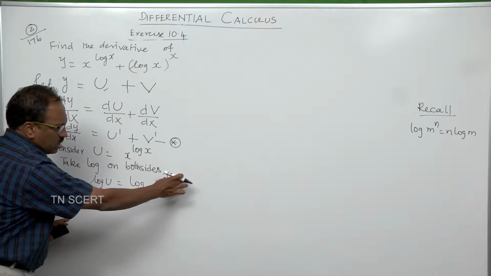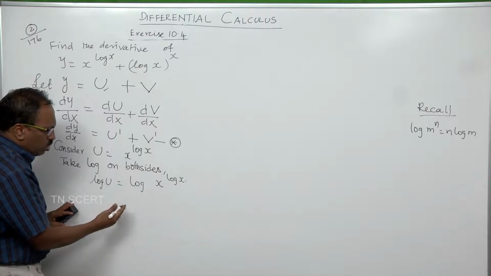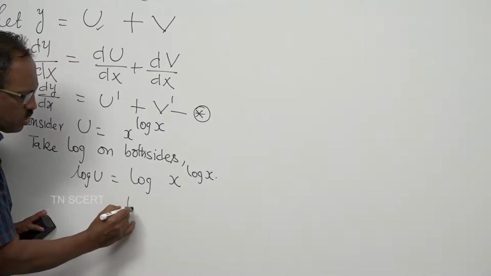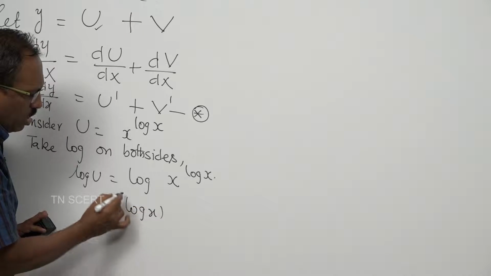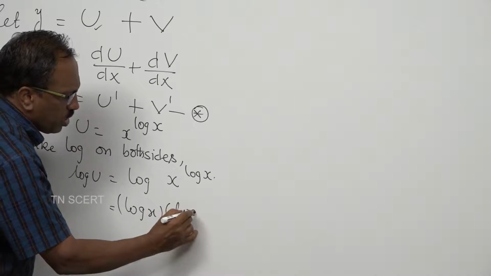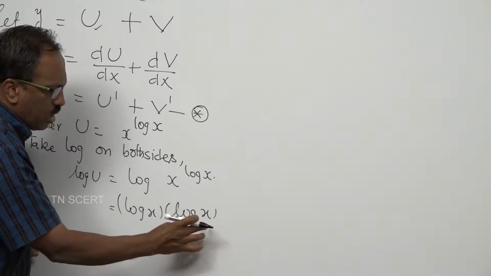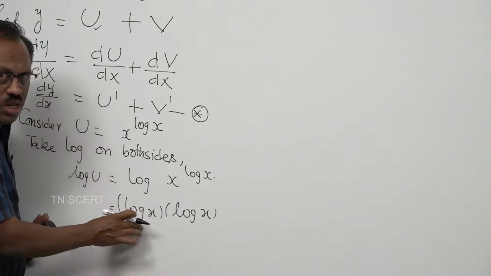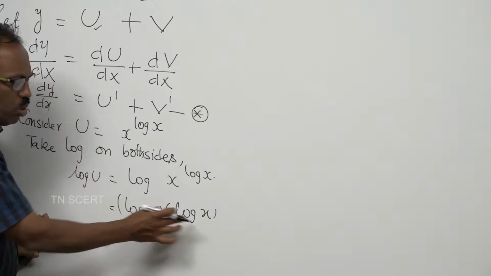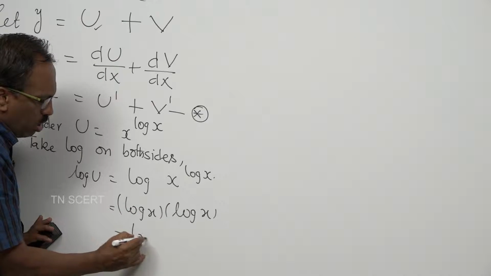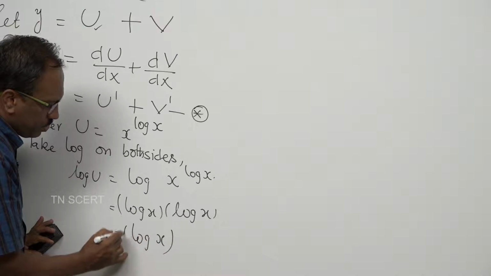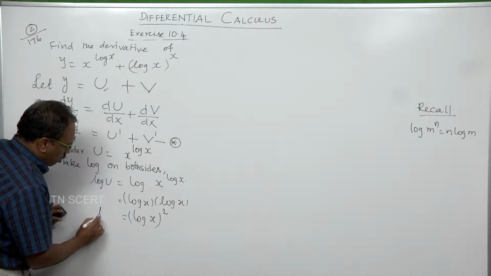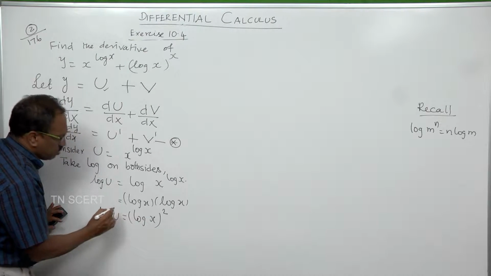This one you have to recall from the second topic, basic algebra. Based on that, this log x is considered to be n. Bring it to the front, so log x into log x. This log x remains, this power comes here, which means both are like terms: log x the whole square. So log u is the term.